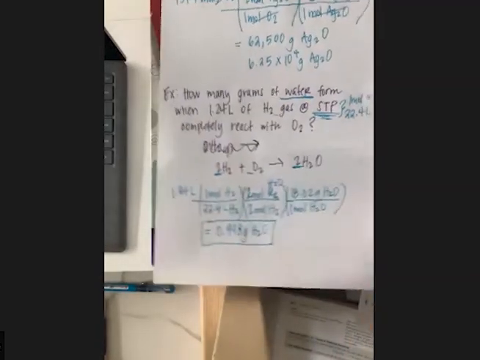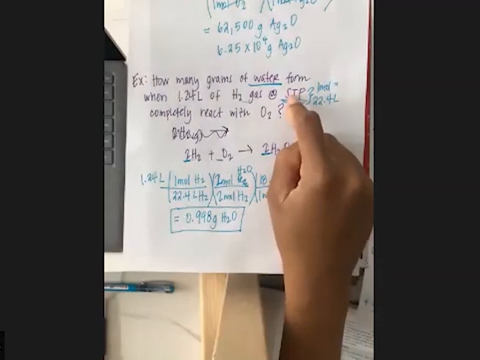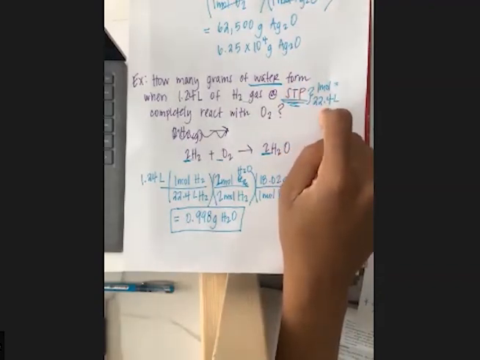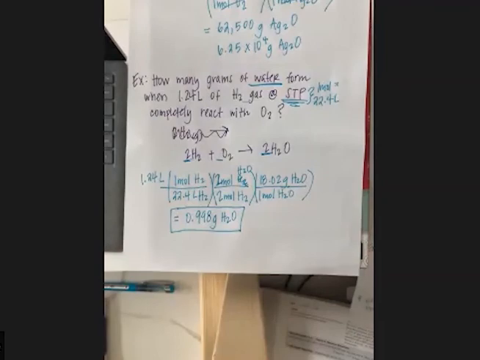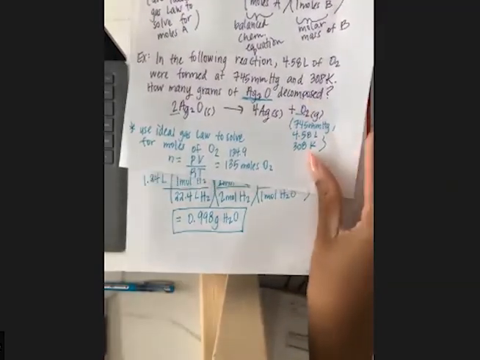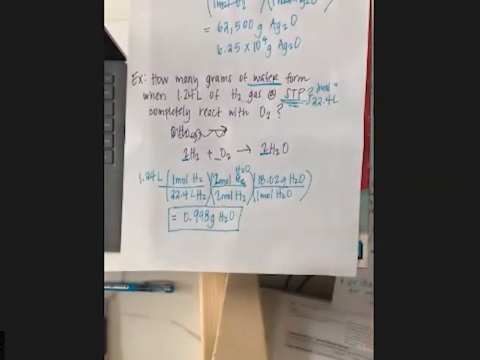If we plugged the 1 atmosphere and 273 K and the volume of 22.4 liters into the ideal gas law, it would have given us the same answer. This just saves time because you don't have to do the extra steps.